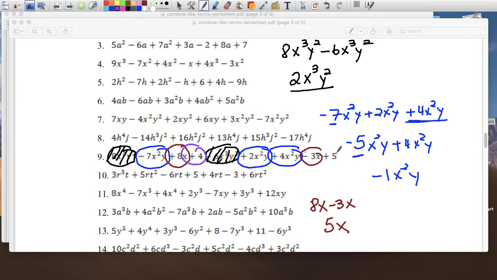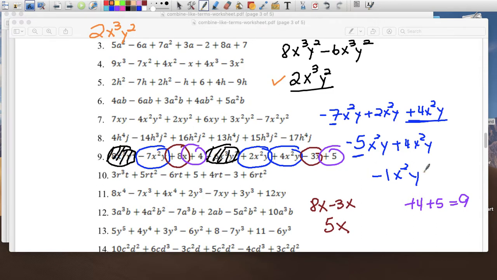And lastly, wow, I get to use purple. I have a plus 4 and a plus 5. And what's 4 plus 5? That's 9. So I want to write everything together in orange. I think I'm going to write it here. The first thing is 2x squared y squared, which is this guy. Check.